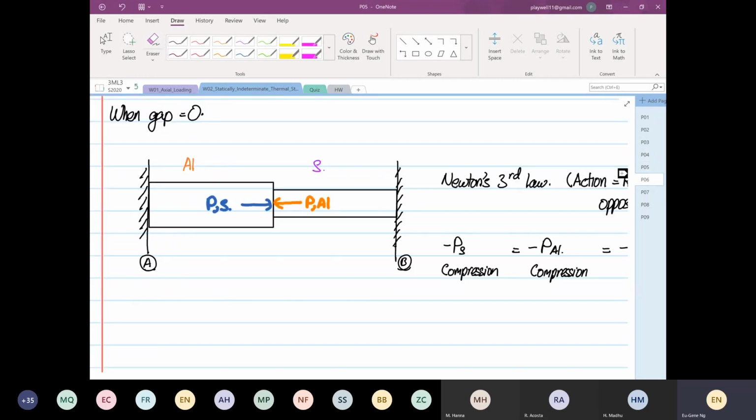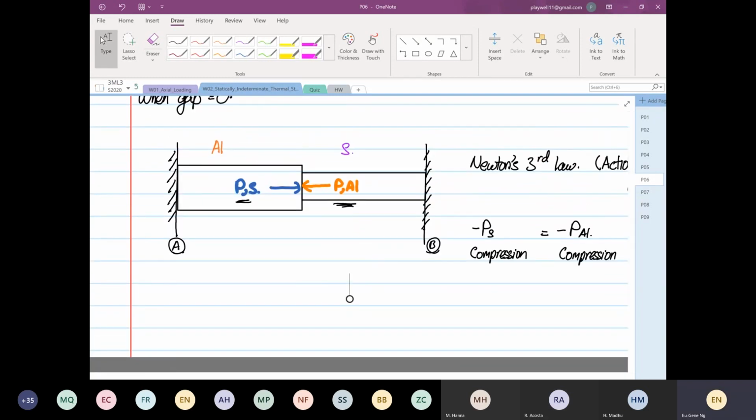Okay, so now we are looking at the reaction due to mechanical loading. Okay, because temperature is already expanded, they have nowhere to go. Now the forces, the mechanical loading, okay, the load acting on the stainless steel and the load acting on the aluminum is going to induce stresses. Okay, so now we're going to apply.